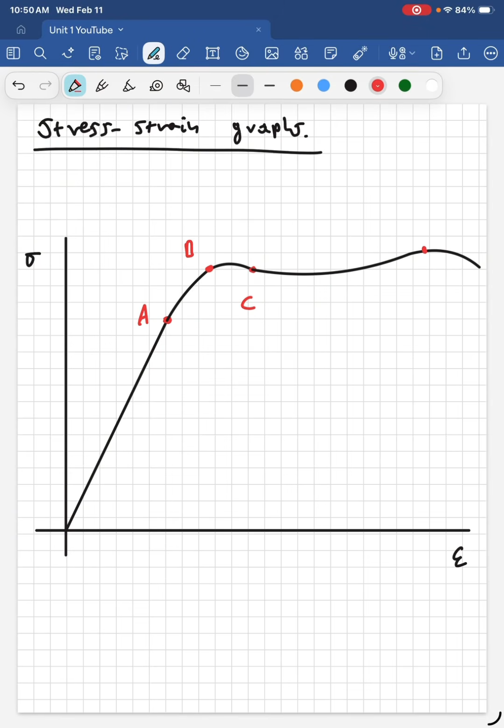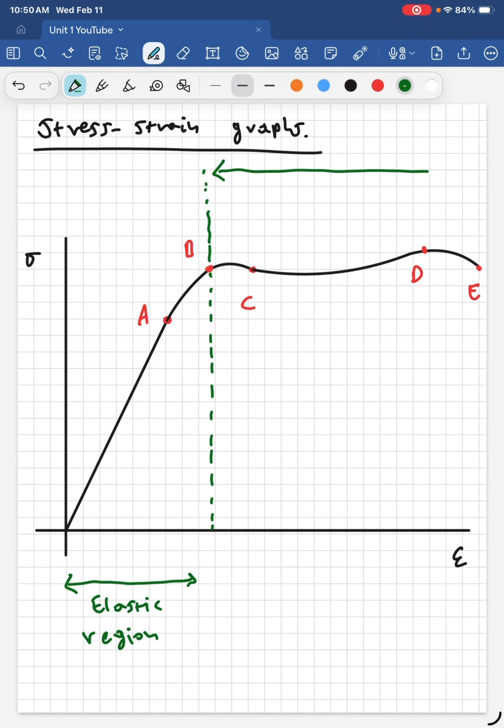So let's call this point D, and this point is E. So starting with point B, this is called the elastic region. And if we extend up here, this is called the plastic region.